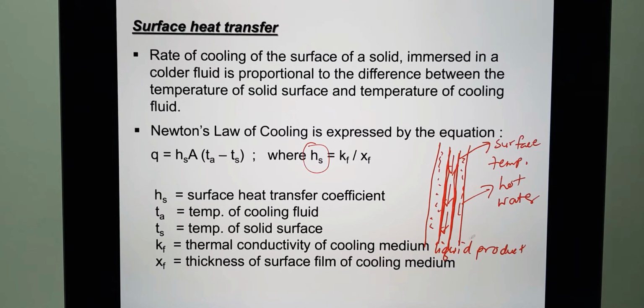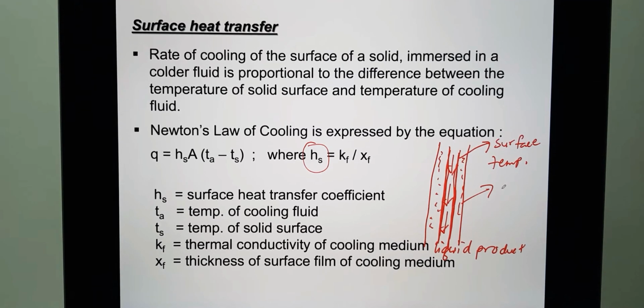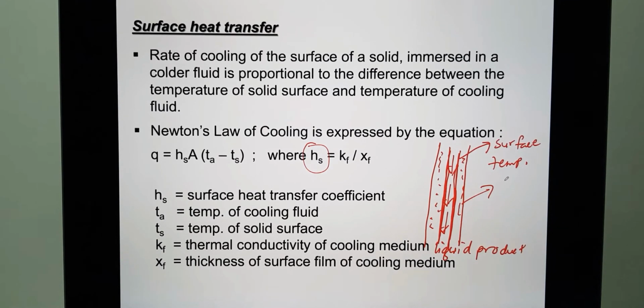Okay, so for example, if I want to achieve a cooling process, the hot water just now we replace with cold water. Again, the temperature difference is between these particular surfaces, because it involves your cold water, your cooling medium, and your product.